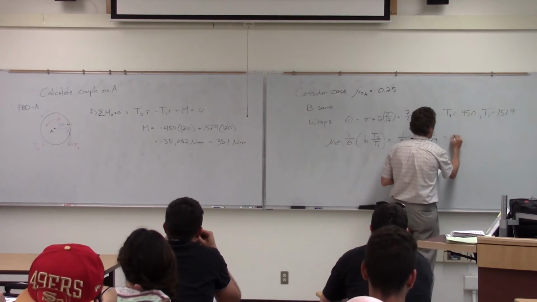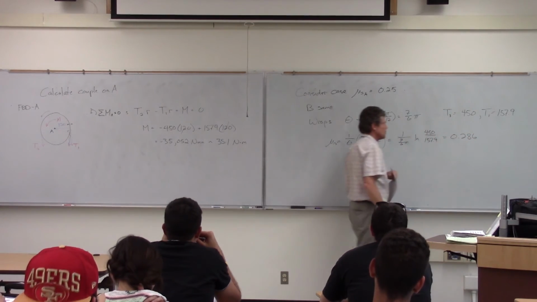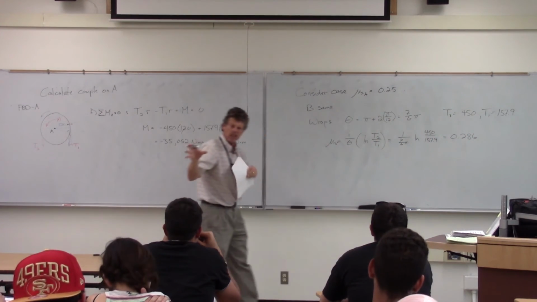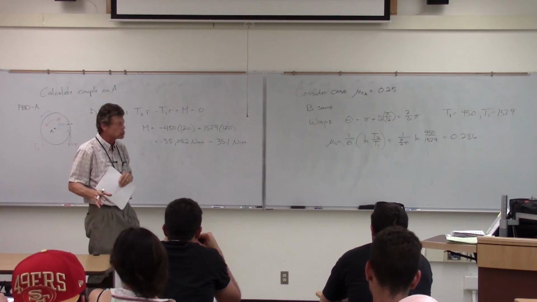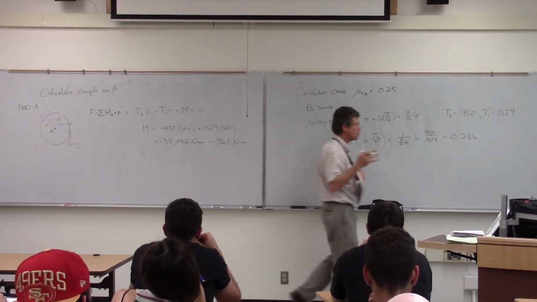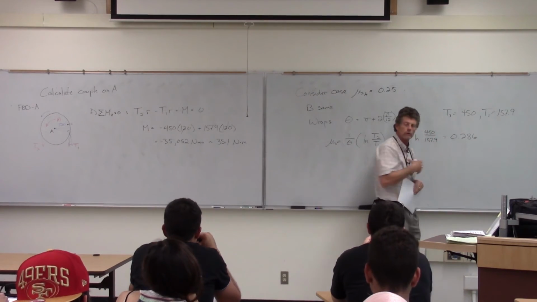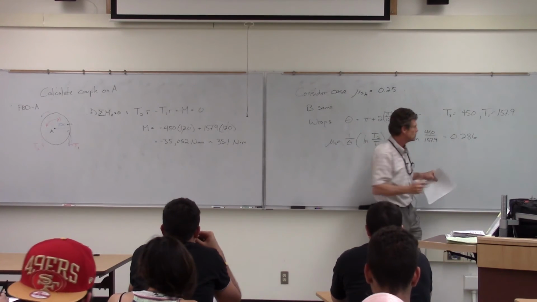Okay, what we'll find is that in order to have a T1 and a T2 of the values that B can provide me without slipping, I would need a coefficient of friction of 0.286 in order to be able to carry that couple.